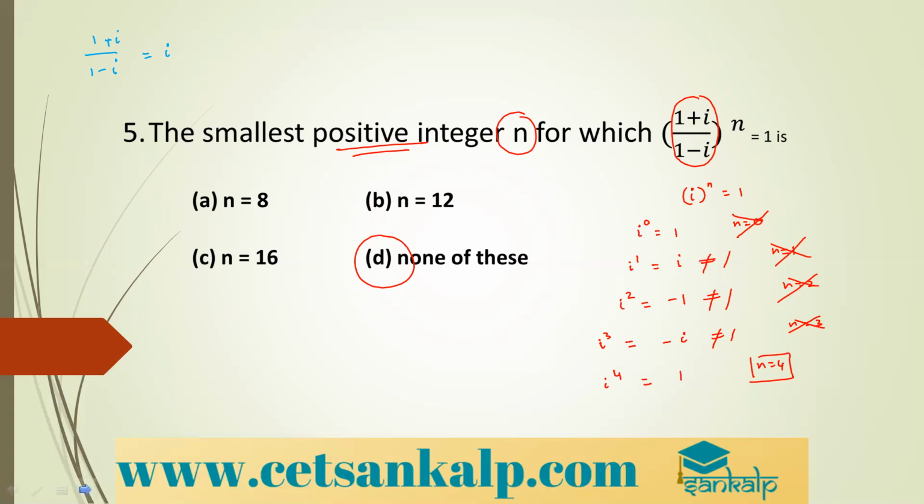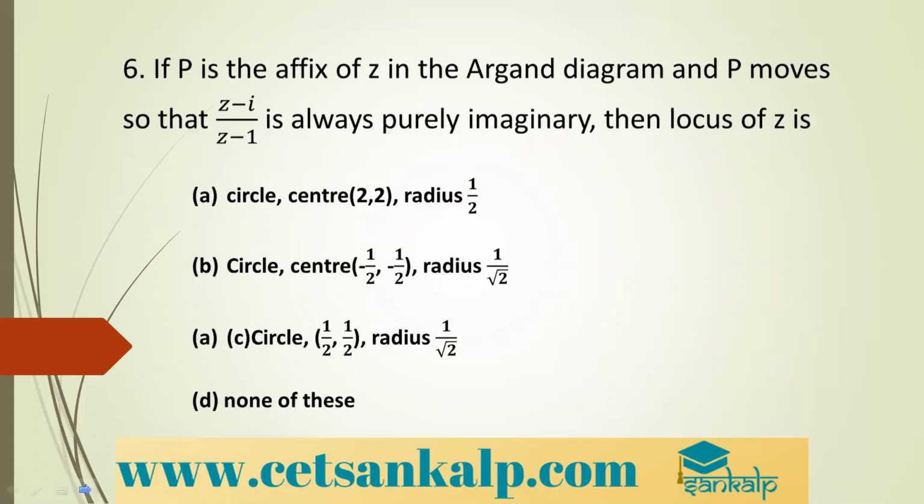Okay, let us go to the next question. The next question is, if P is the affix of z in the Argand diagram and P moves so that z minus i by z minus 1 is always purely imaginary, then find the locus of z.